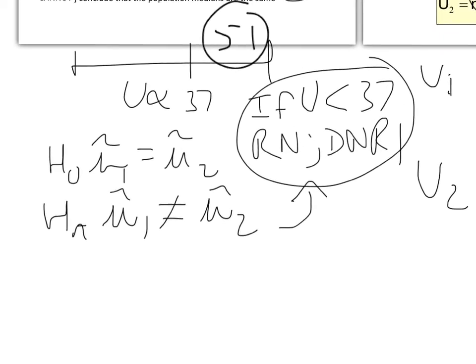Again, the null, the status quo, was that they're equal. And if our calculated U, the summing of all of those ranks, is less than 37, we're going to reject the null.